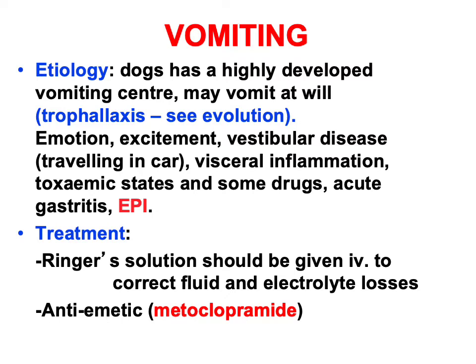They can vomit even at will. This is the trophallaxis. I cite the first lecture about the evolution of the digestive tract. The emotion, the excitement, and the so-called vestibular disease.